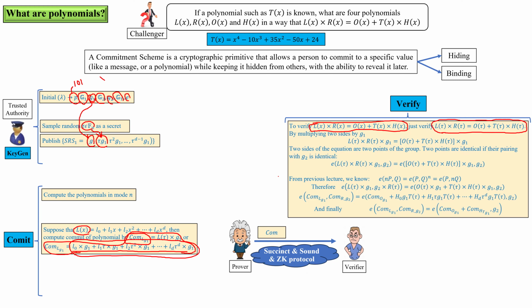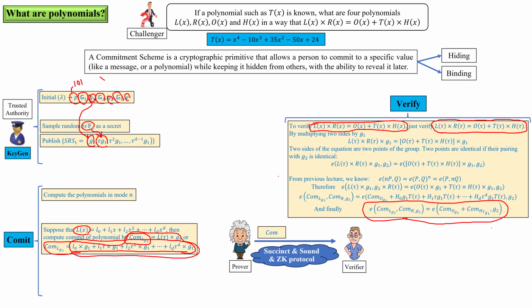But in the third protocol that we are discussing now, the prover does not share the polynomials or the evaluation of the polynomials. The prover sends the commit of polynomials. And then the verifier checks this pairing computation instead of the equality test in previous protocols.